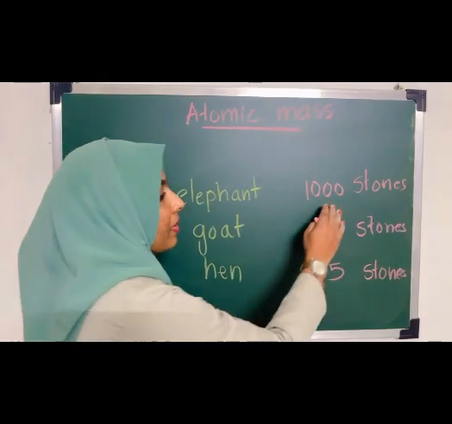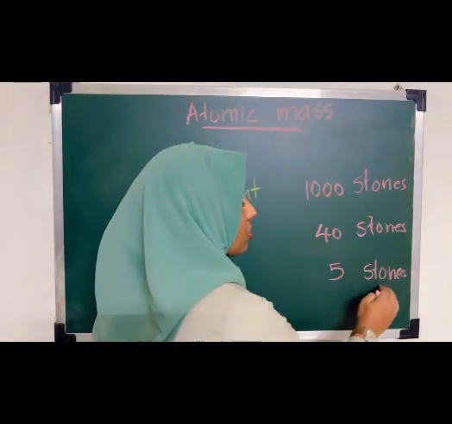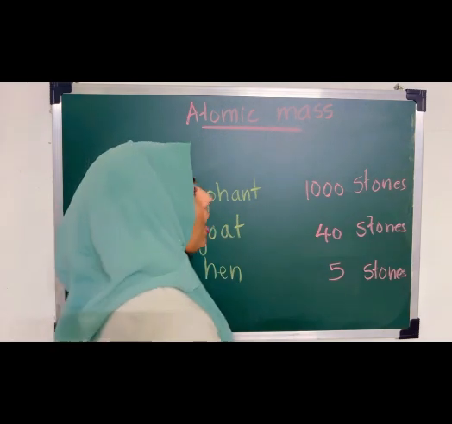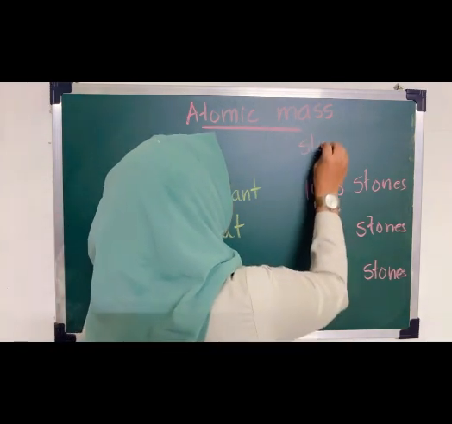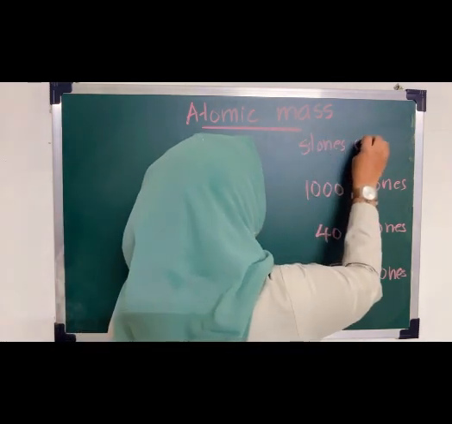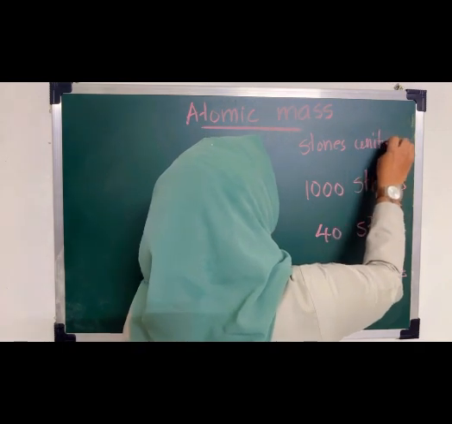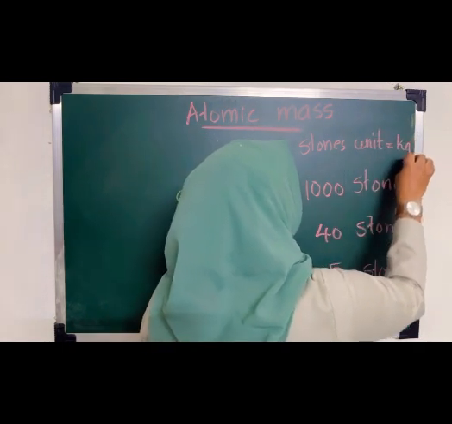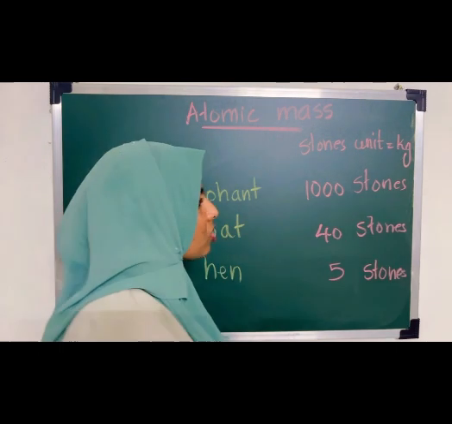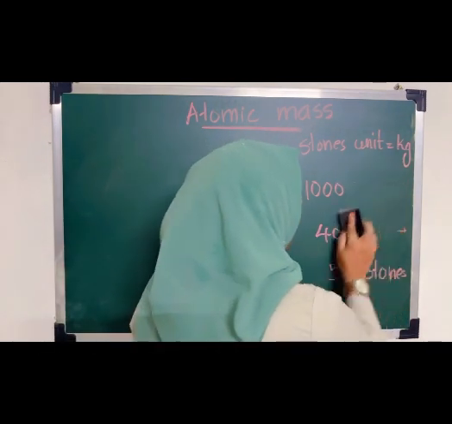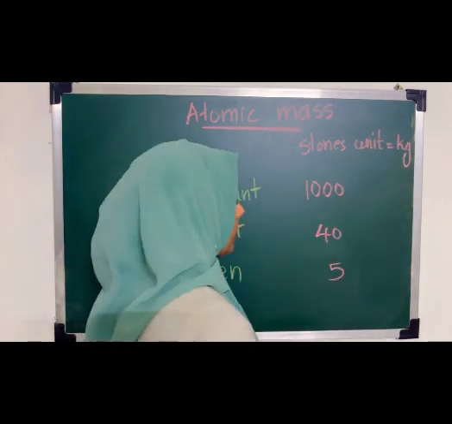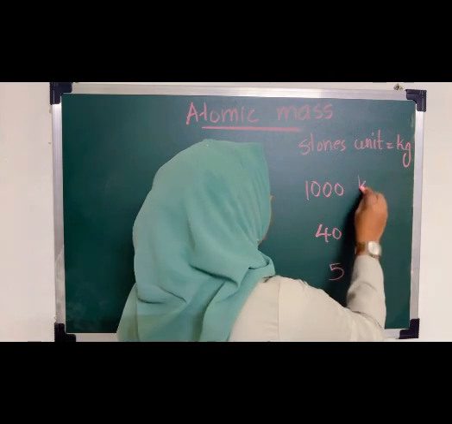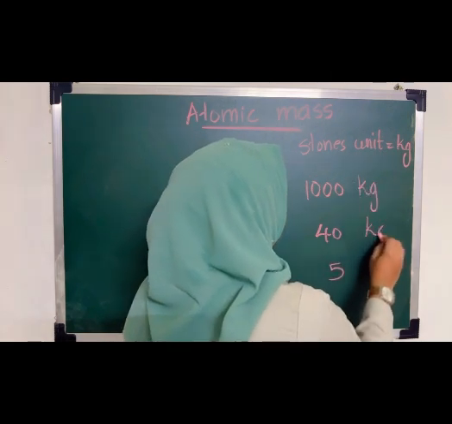Every time I'm writing here stones. So I considered this stone as a unit and I say kg. So I'm replacing all these stones and mentioning here kg instead of stones.